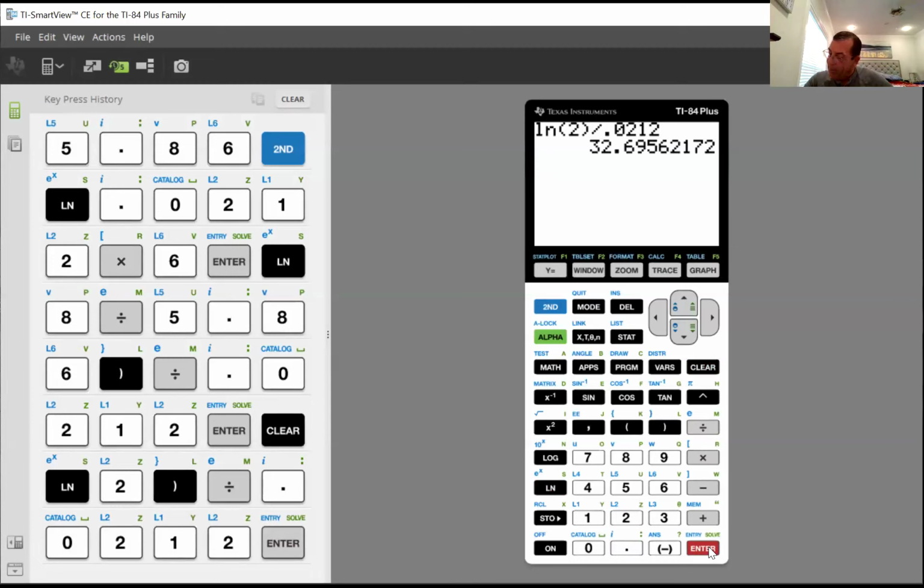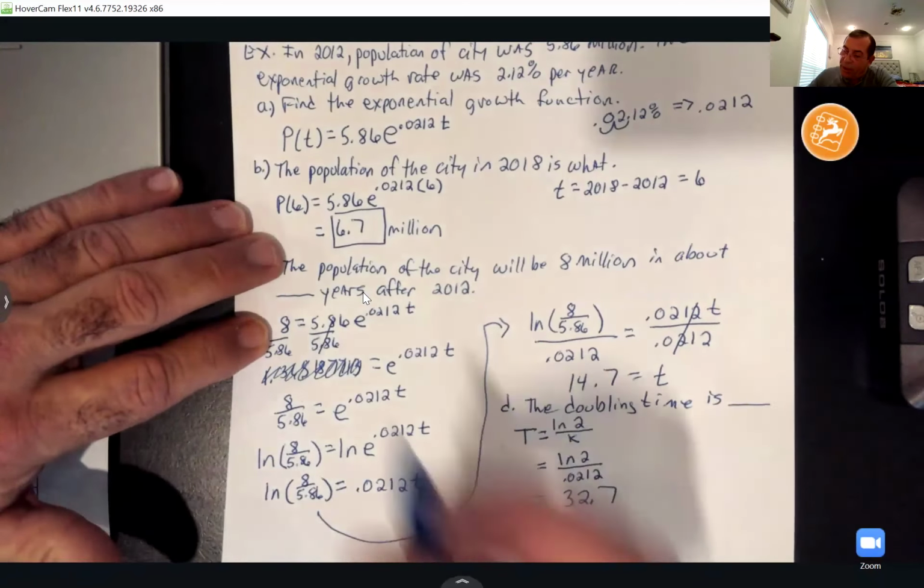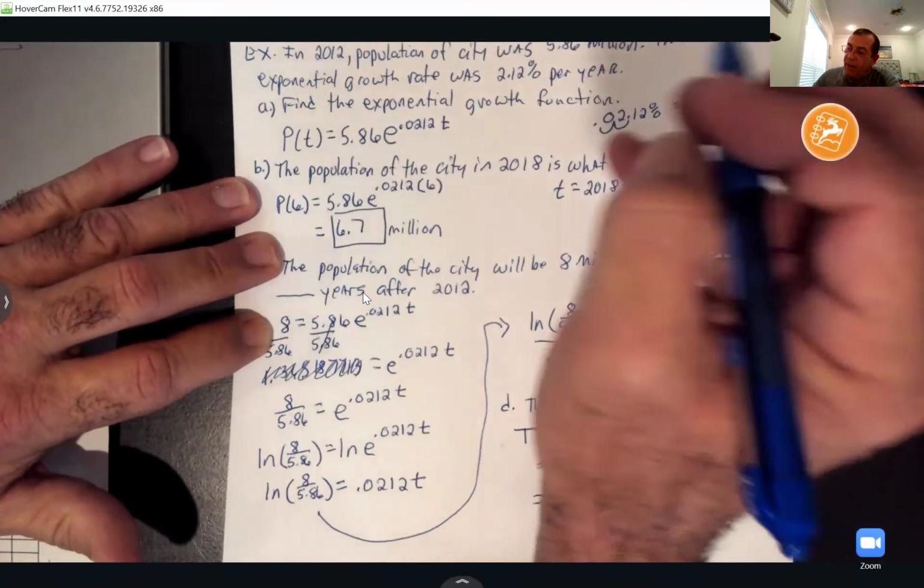Okay, so using our formula, we've seen that it took almost 15 years to get to 8 million. It takes almost 33 years to double, okay? All righty, so the main formulas were the ones I gave y'all up here.